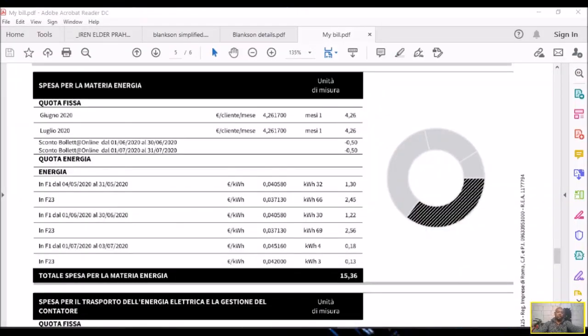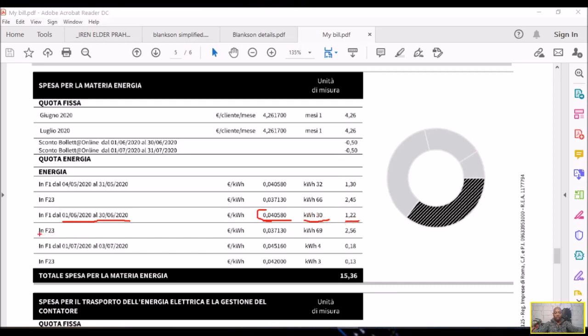It goes on to calculate F1 again, but different date, and from 1st June to 30th June I consumed 30 kilowatts, and they are multiplying it by the price I am paying per kilowatt, which is 0.040. So if you do the calculation, the price you are paying per kilowatt times 30 kilowatts will give you 1.22.